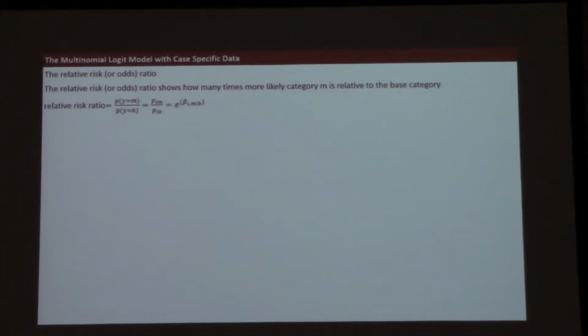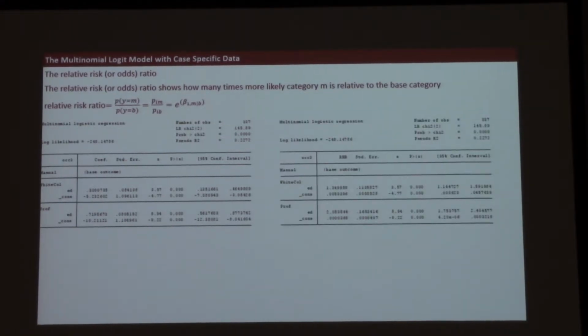One thing that is relatively user-friendly is treating these as relative risk ratios or odds ratios. And believe it or not, this actually has some intuitive appeal. The relative risk ratio just tells you how much more likely you are to be in one category relative to the base category. So here's our standard logit regression.